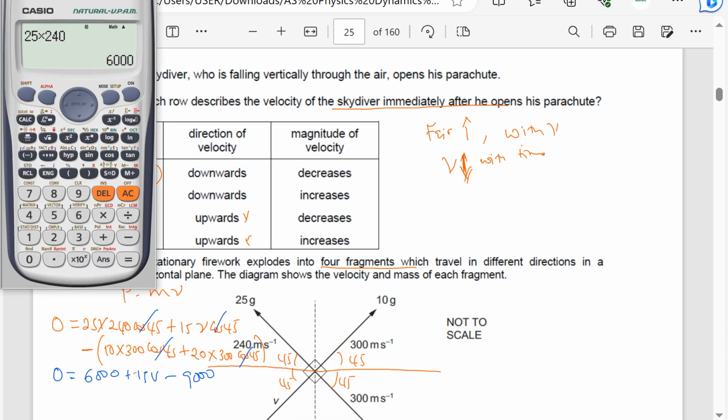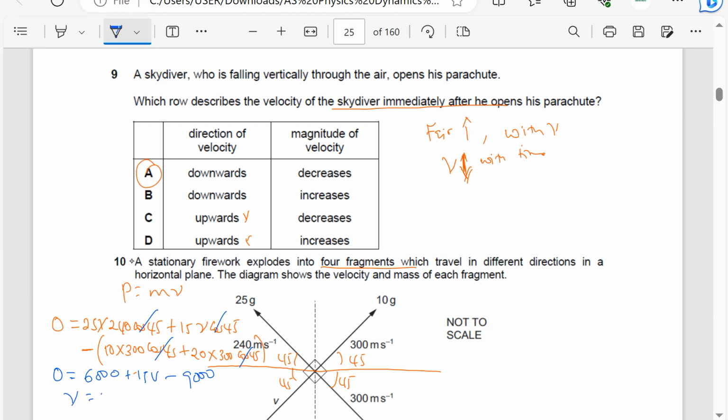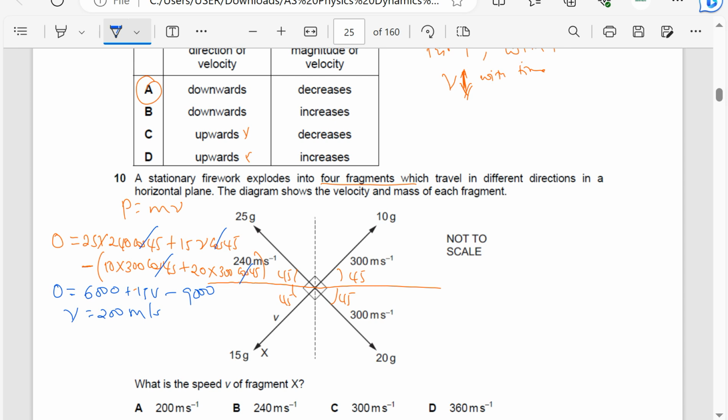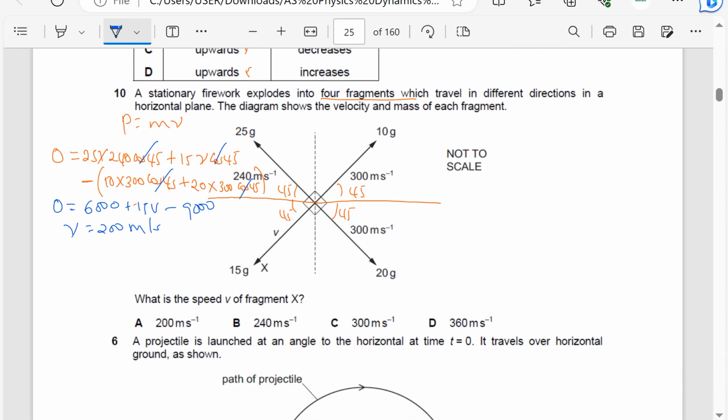I take 9,000 on one side, so I have 9,000 minus 6,000 divided by 15. So v is 200. v is 200 meters per second because cos 45 is everywhere, so it cancelled out. So the answer is A.